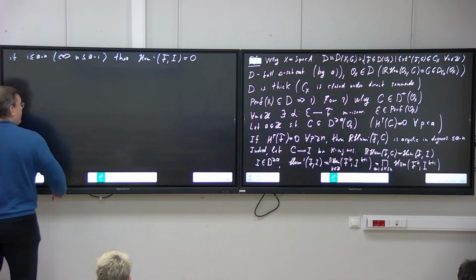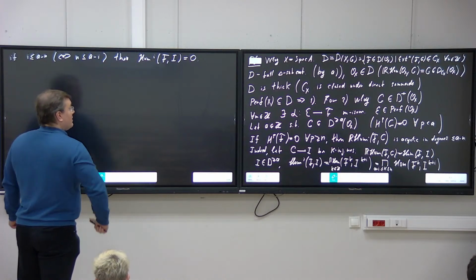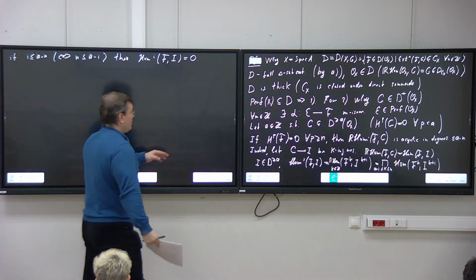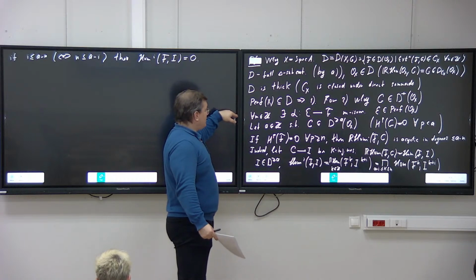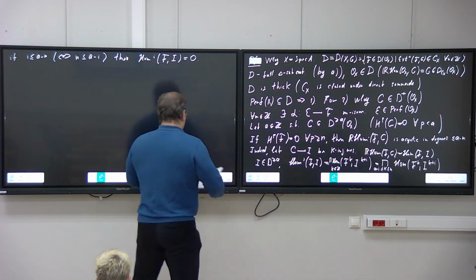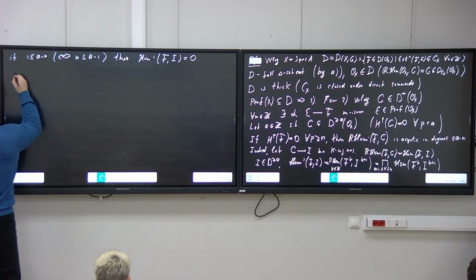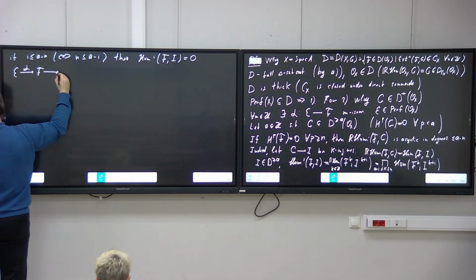And finally, I'm going back to the definition of quasi-coherence, which I wrote in this line, and I look at the distinguished triangle E, F, this is alpha, so I complete this to a distinguished triangle.